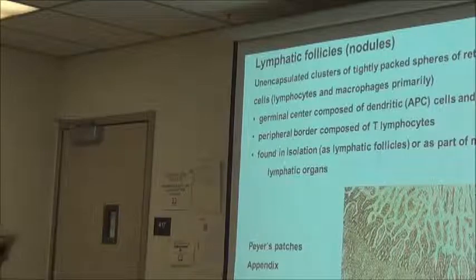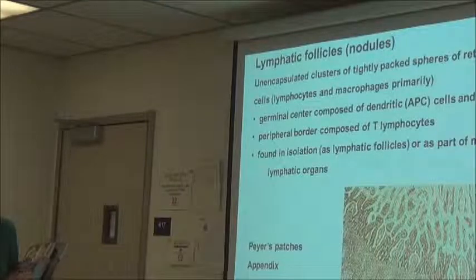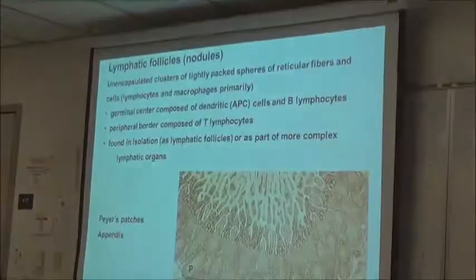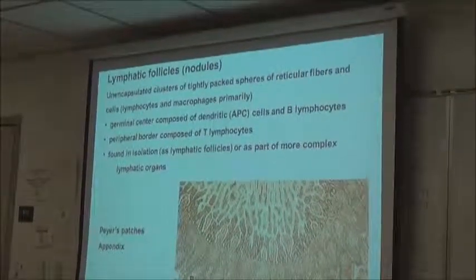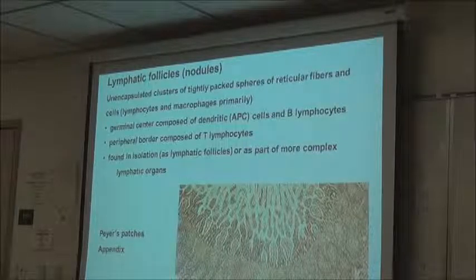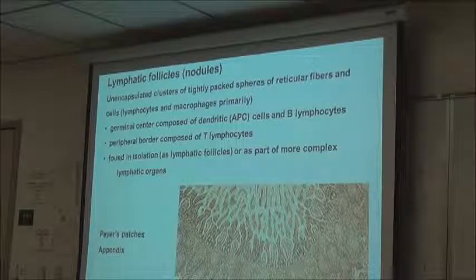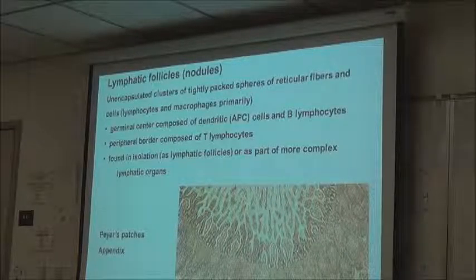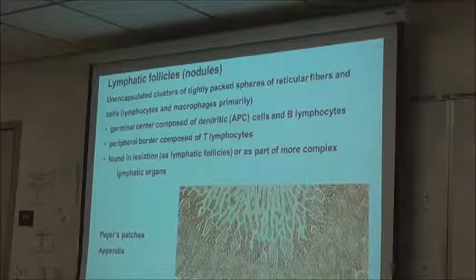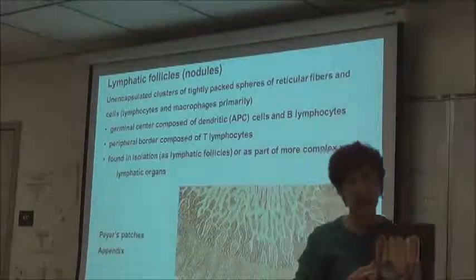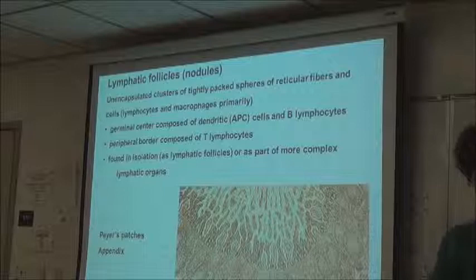Then we can organize them into follicles or nodules. Now I prefer the term follicle because once we put a capsule around them, it's called a node. And students get mixed up between the node and the nodule. So it's just easier to use the term follicle, and then you're not confused what you're talking about. So on the model of the intestinal tract here is a follicle.